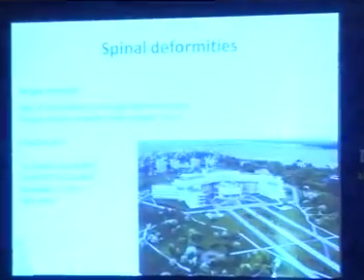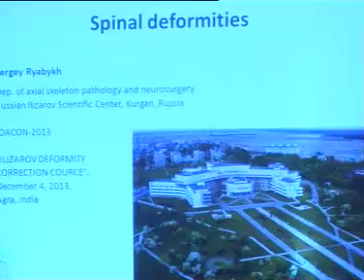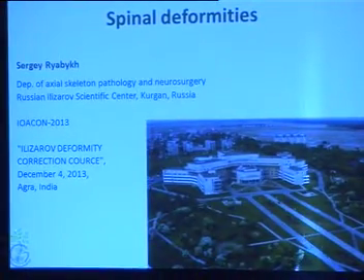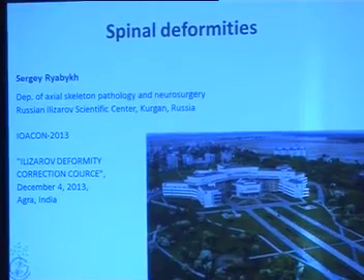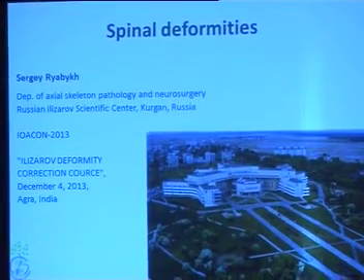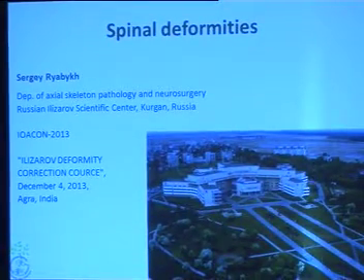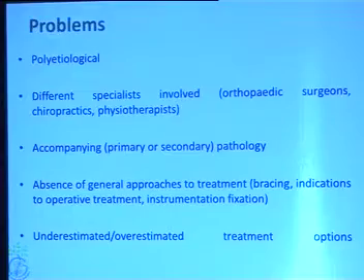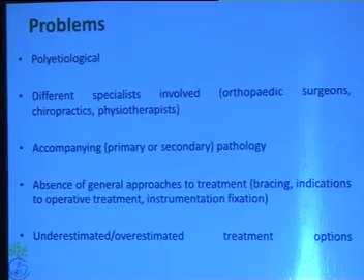Dear colleagues, it's very difficult to include spine deformity of any etiology in one lecture, but I have tried to do this. So, a few words about spine deformities. What is the problem?